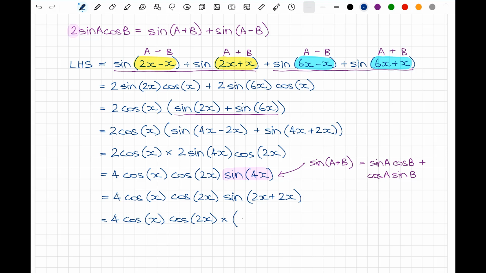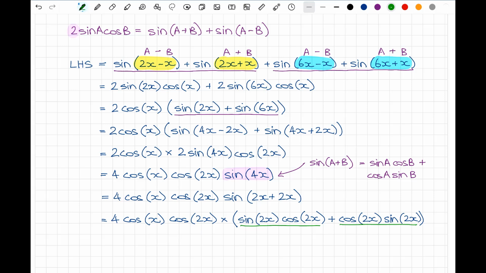We're going to use that. So it will be the sine of 2x times the cos of 2x plus the cos of 2x times the sine of 2x. And in this case, because both a and b were the same thing, they were both 2x, we effectively have 2 of the same term. Each of these terms are the same thing because the order of multiplying doesn't change anything.